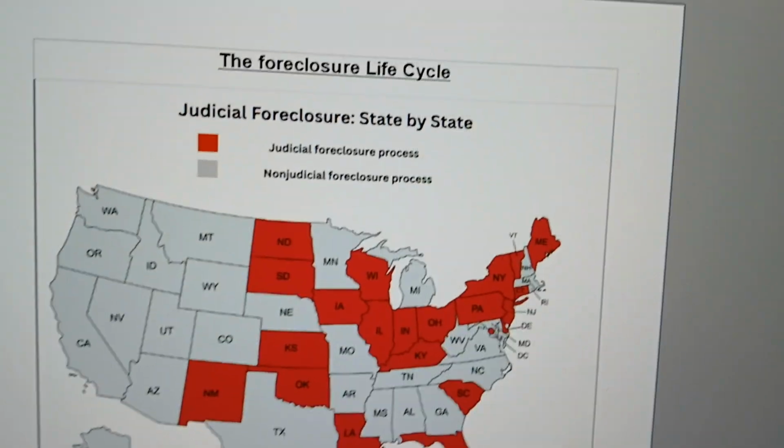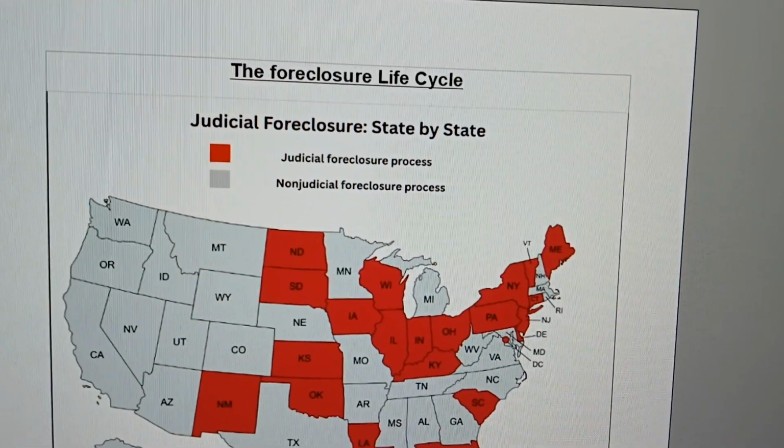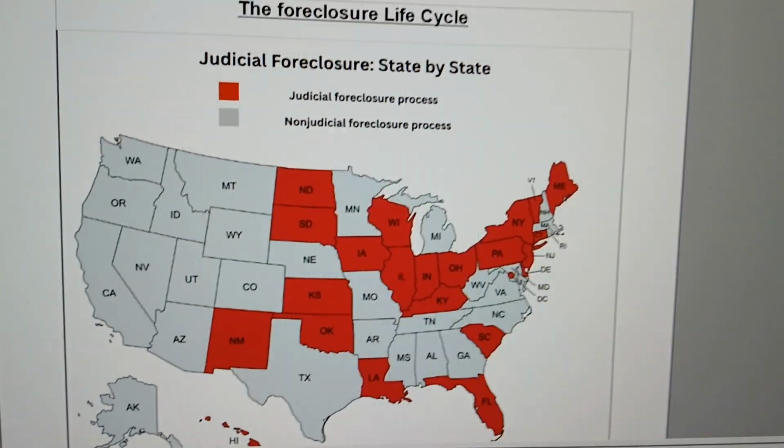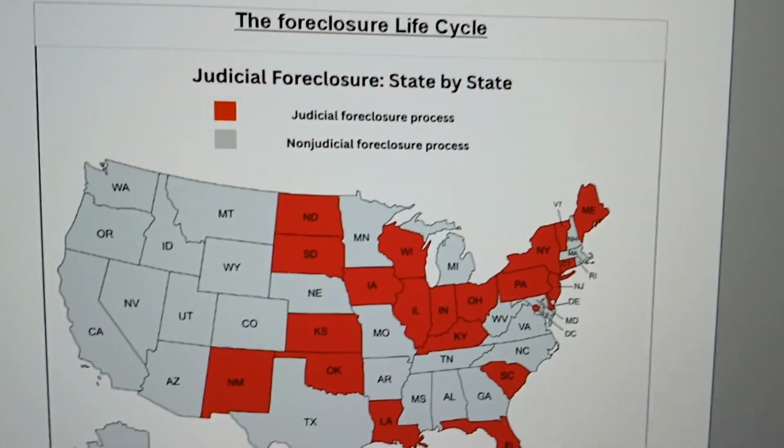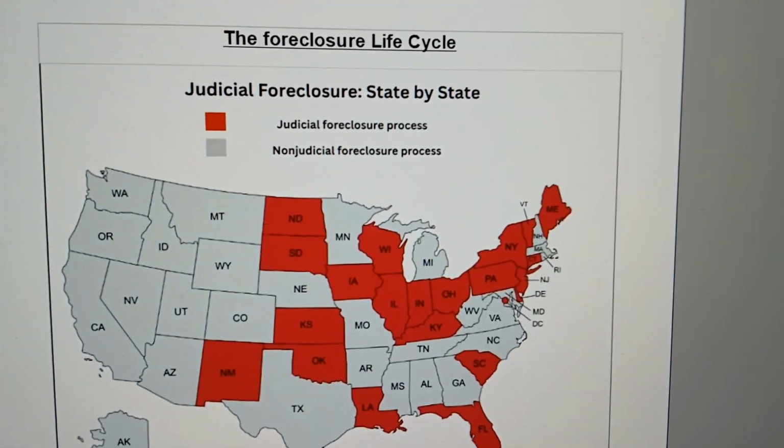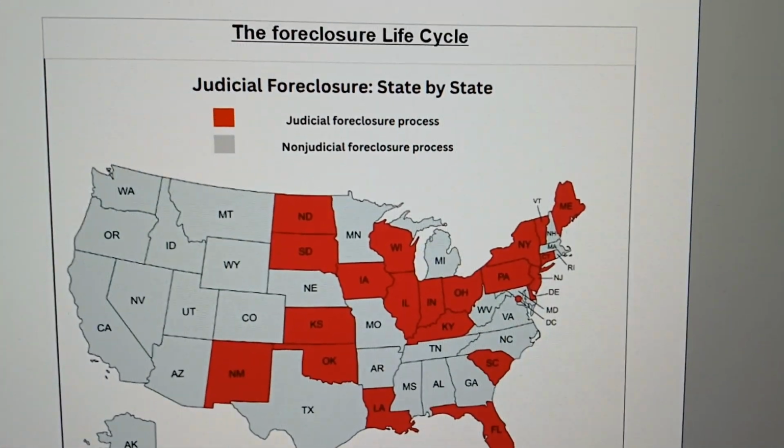Today's topic is going to be on the foreclosure life cycle. As you can see by this map, you'll see the difference between a judicial foreclosure process and a non-judicial foreclosure process.